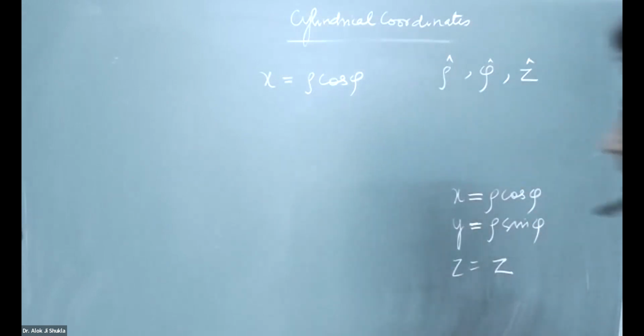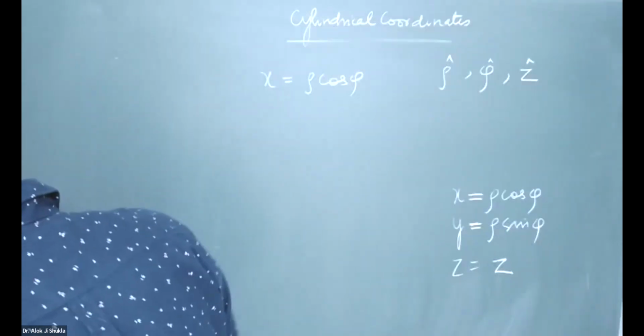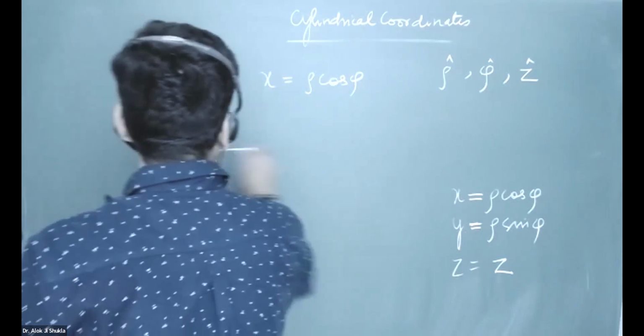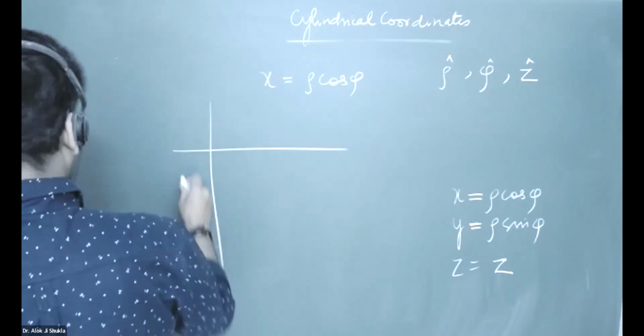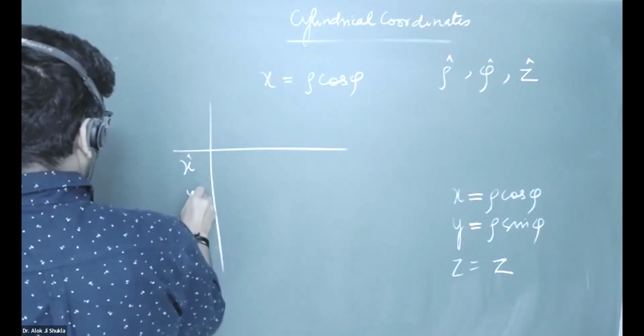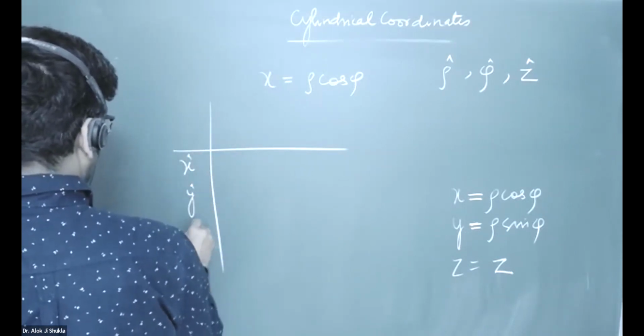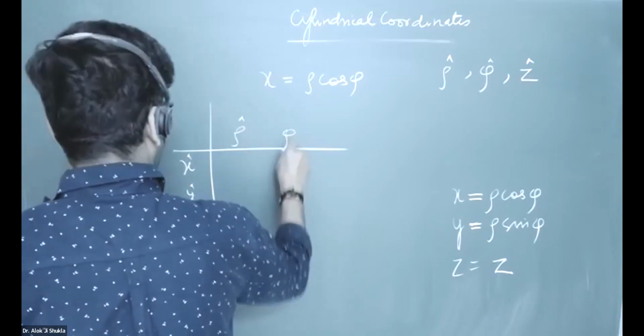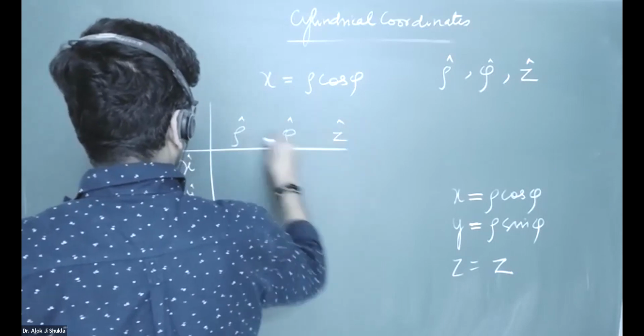This I want to write. So I will just make a table in which all unit vectors will be accommodated. So it is x cap, y cap, z cap, and here rho, phi, and z.